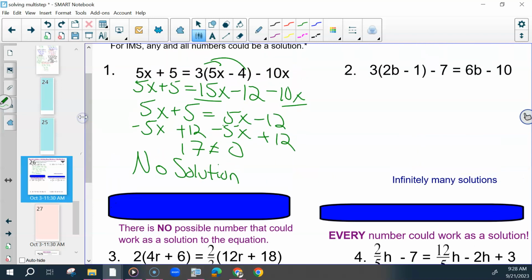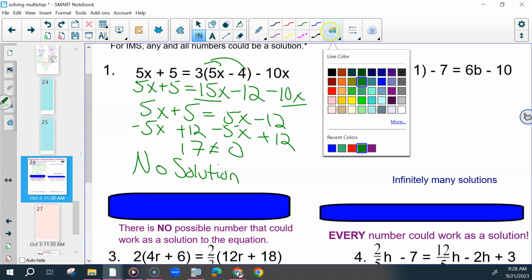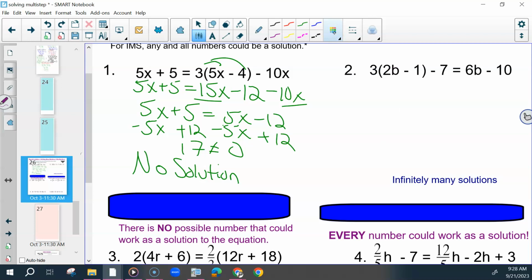You can see the name and what this is going to be, but we'll still work this one out. Same as before, distribute. Combine your like terms.